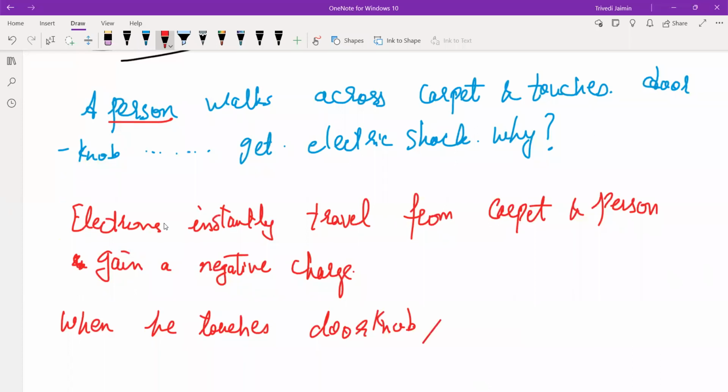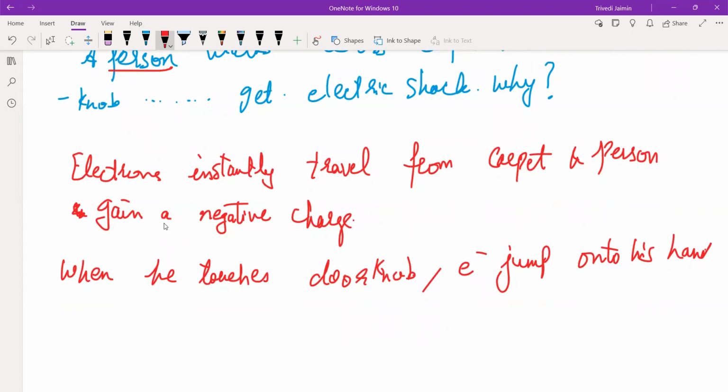So electrons jump onto his hand when he touches the doorknob. This is known as electric discharge. So when he touched the doorknob, electrons jump onto his hand. That is discharge.